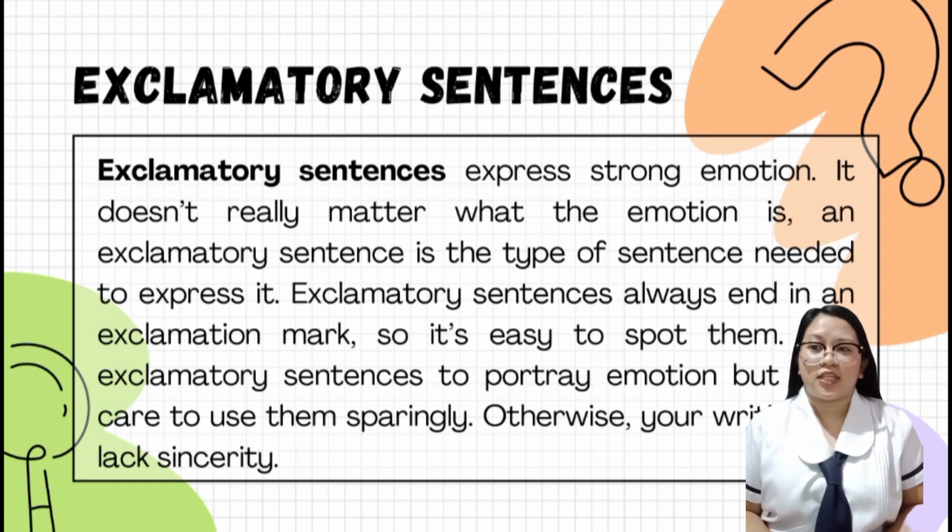Exclamatory sentences always end in an exclamation mark, and it's so easy to spot them. Use exclamatory sentences to portray emotion, but take care to use them sparingly. Otherwise, your writing will lack sincerity. Now, strong emotions are examples of anger, excitement, fear, or surprise.